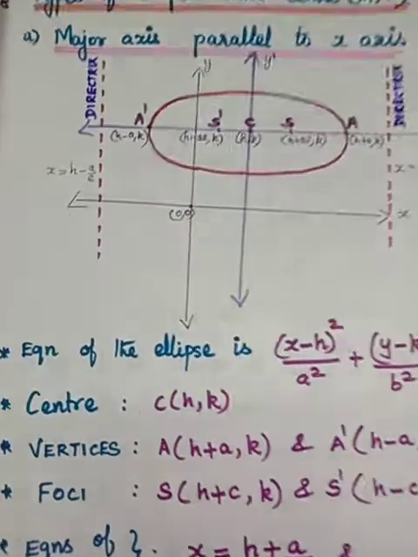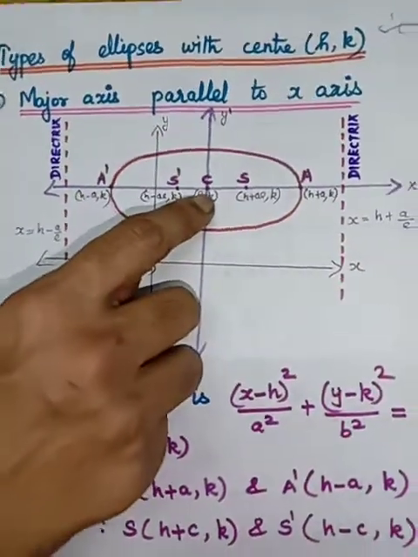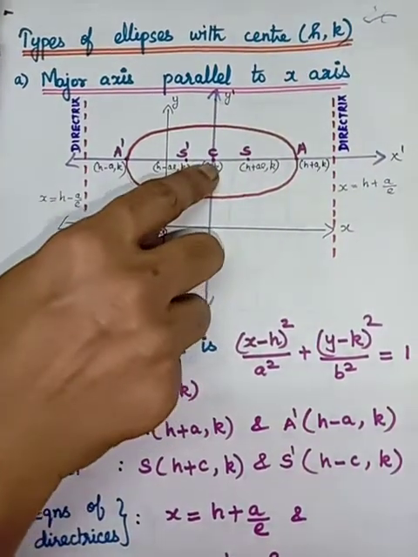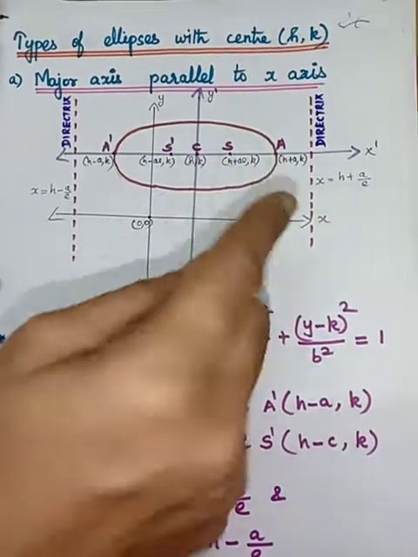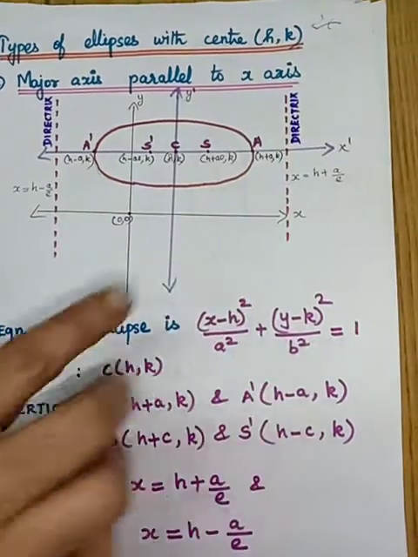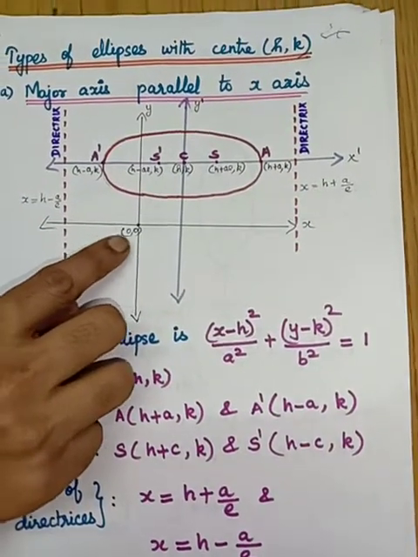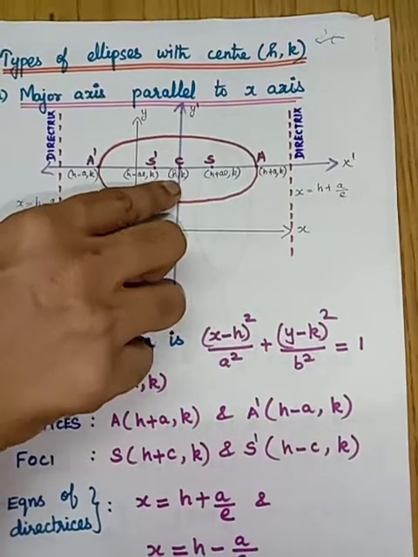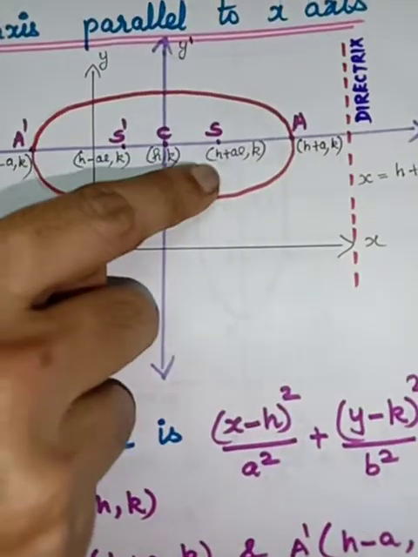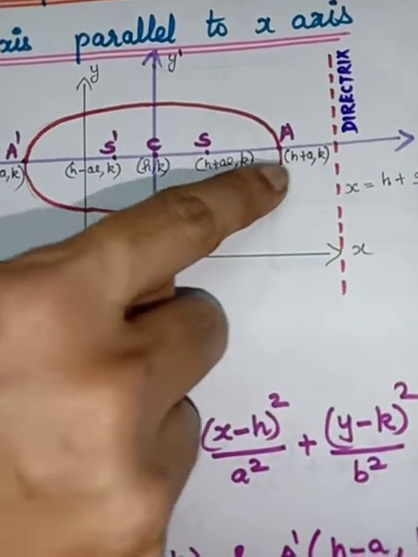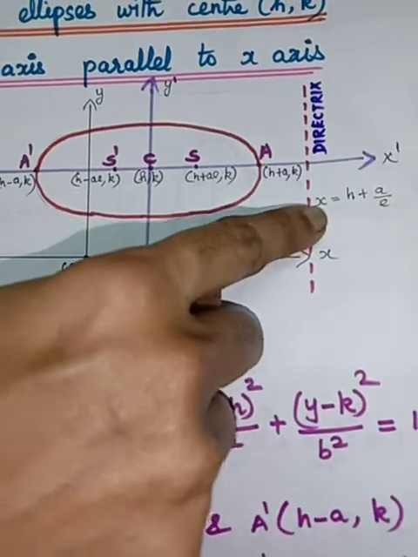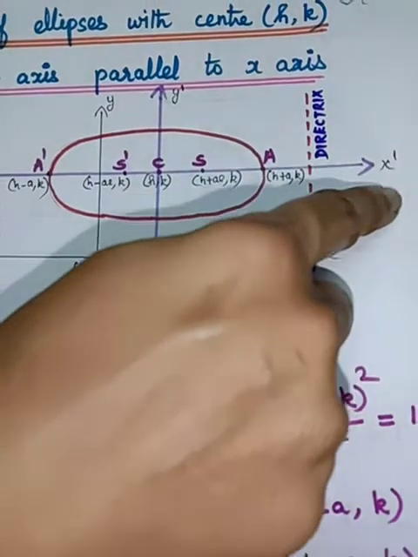From the previous videos, the distance between the center and the foci is ae. The distance between the center and the vertex is a. The distance between the center and the directrix is a by e, for the center 0, 0. Now the center is shifted to h, k, so your focus will be h plus ae, k, the vertex will be h plus a, k, and the equation of directrix will be x is equal to h plus a by e.